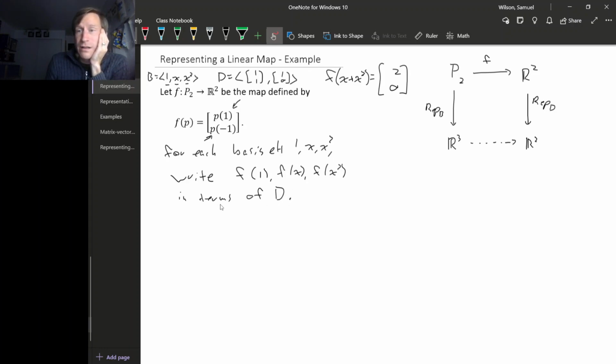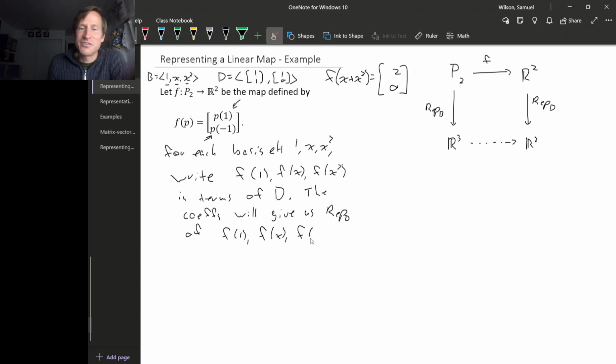And if we just pick off the coefficients of these representations, the coefficients will give us the result of rep D on f of 1, f of x, and f of x squared.